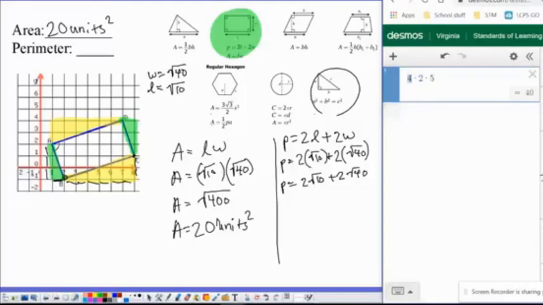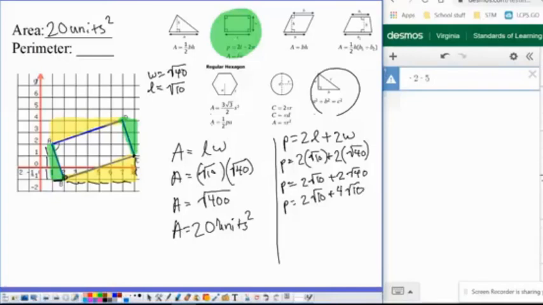And then when I take the square root of 4, that is a 2 that gets out from underneath the square root symbol. So I am going to multiply the 2 that got out of the square root symbol by the 2 that's already there, and that 2 times 2 is 4. So 4, and I still have 10 underneath. So now that the radicals are the same, I could add those radicals together. And that would be your simplified radical.